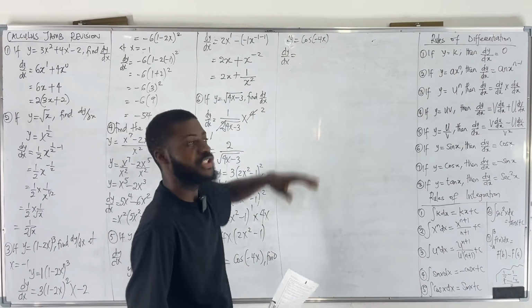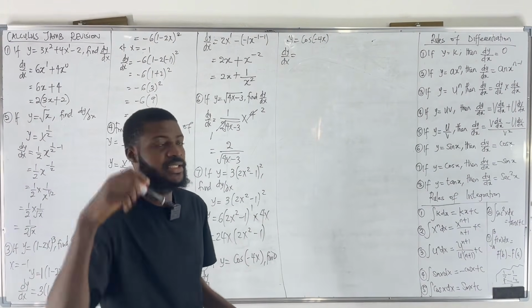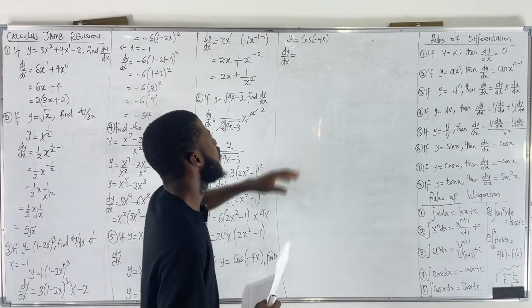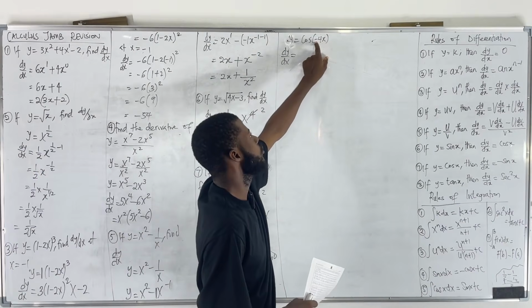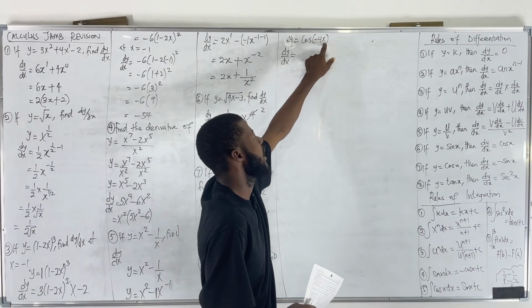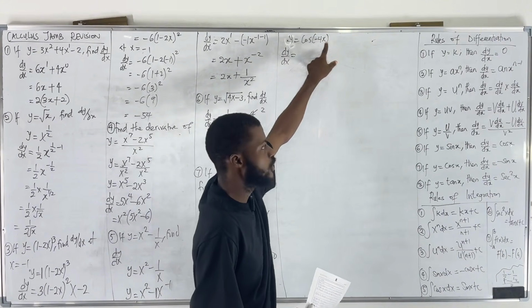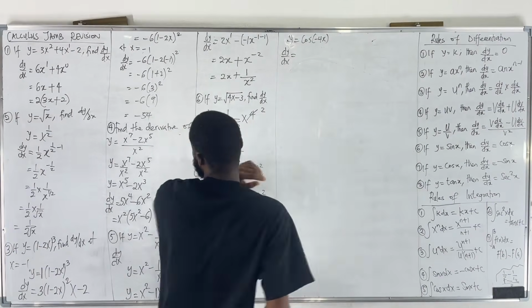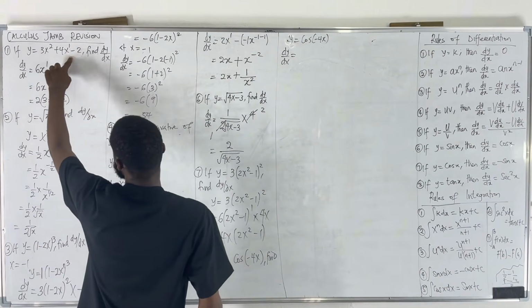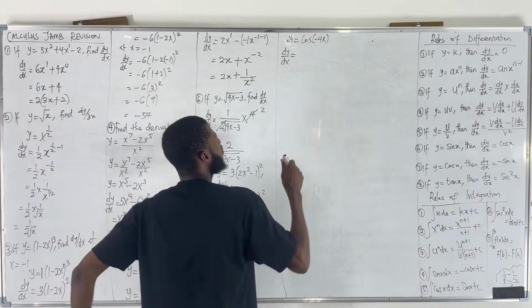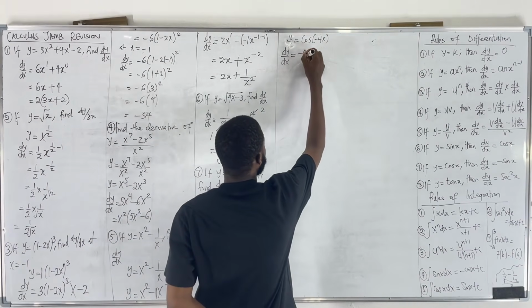If you are differentiating a trig function, what you have to do is differentiate the angle first. So differentiate this minus 4x. What would you get? Differentiate minus 4x, you should get minus 4. Follow the rule number 2. So if it's minus 4, when you differentiate, you will get minus 4. So you have to first of all say minus 4.